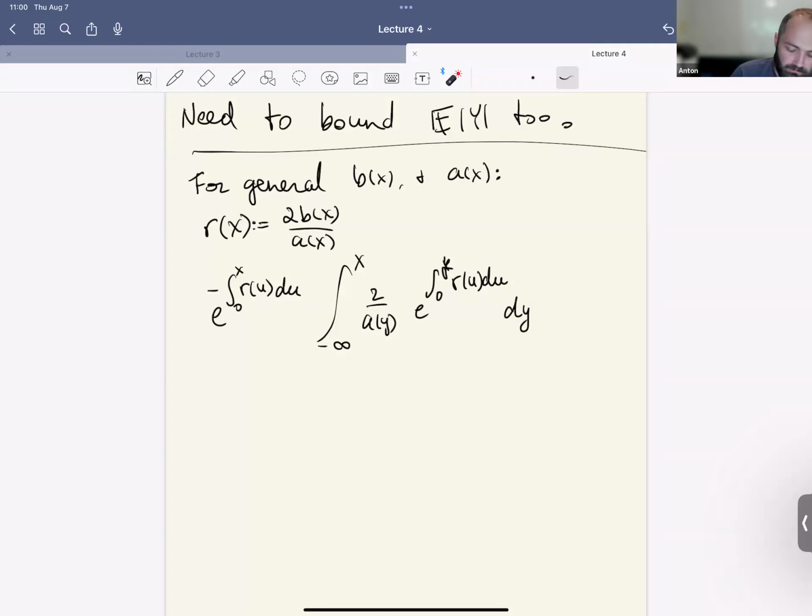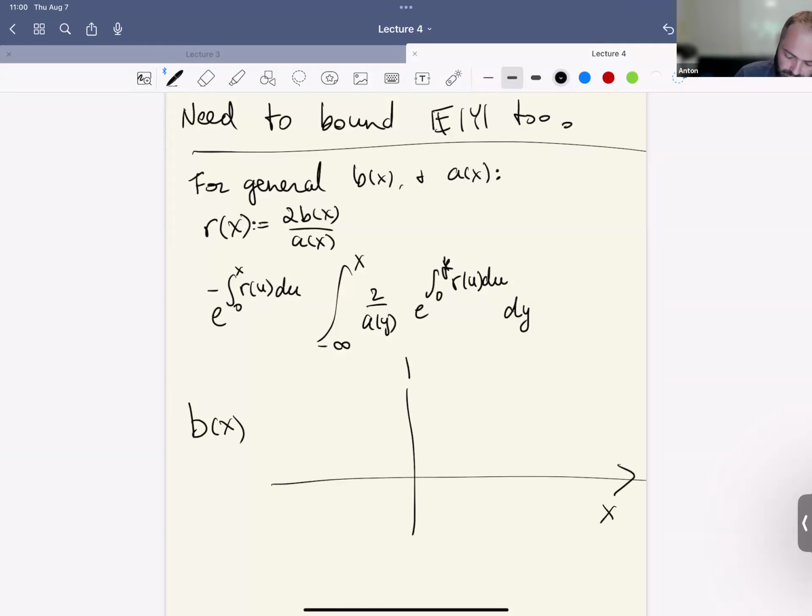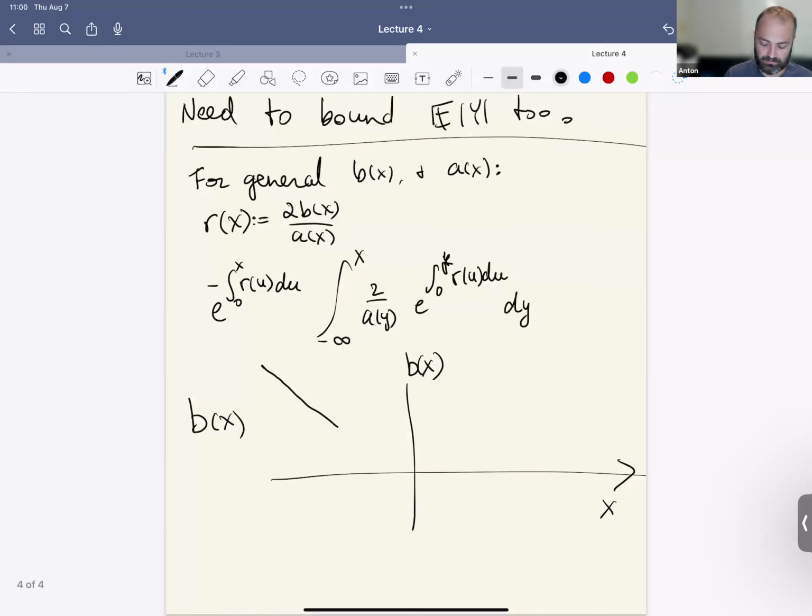So my argument is that a lot of the time, if you plot your function b of x, it should look like this. If we are very far away from 0 on the left, we should have a positive drift. If we are very far to the right, we should have some kind of negative drift.